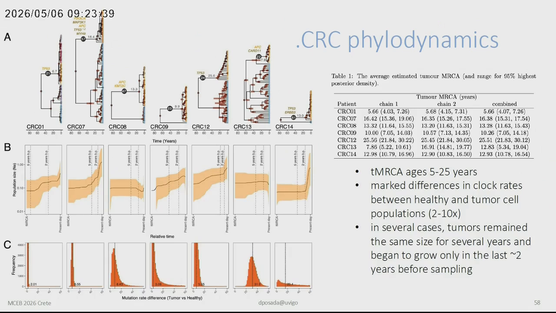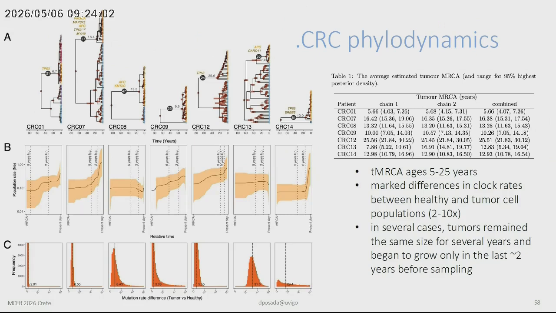In the demographics, we found some differences, but there was one instance that was repeated in some patients. In this tumor, one of the most clear cases, our estimate of the effective population size, or diversity if you want, was constant until 2 years before sampling, and then it exploded.